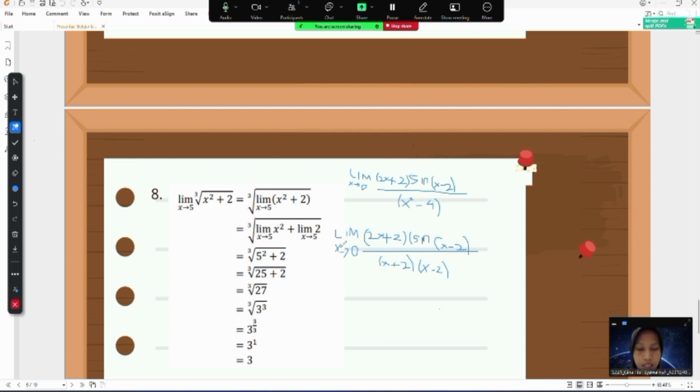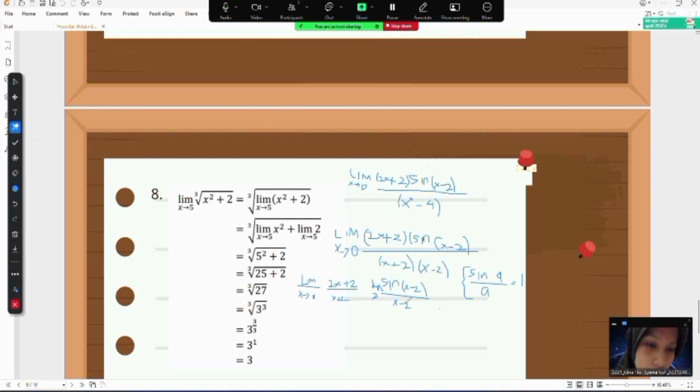So the limit as x approaches 0 for (2x plus 2) times sin(x minus 2) over 4 times (x plus 2) times (x minus 2). For the next step, we just need to separate the limit. So we get the limit as x approaches 0 for (2x plus 2) over 4 times (x plus 2), times, I forgot the limit, I'm sorry guys, it should have a limit here, the limit as x approaches 0 for sin(x minus 2) over (x minus 2).